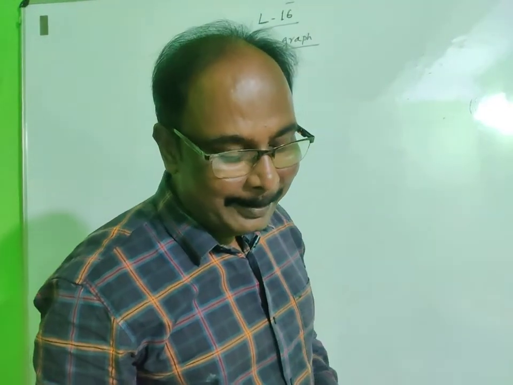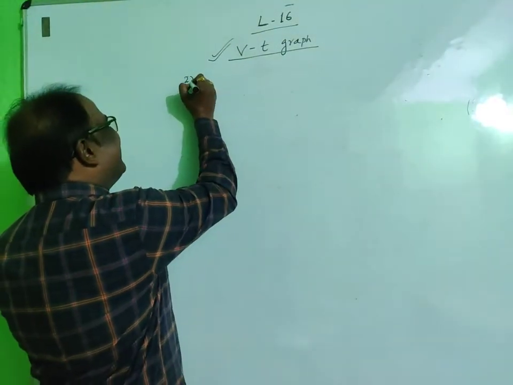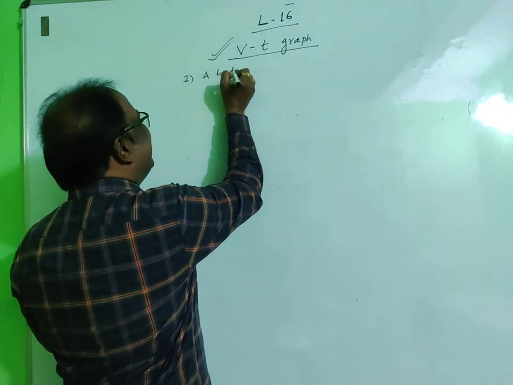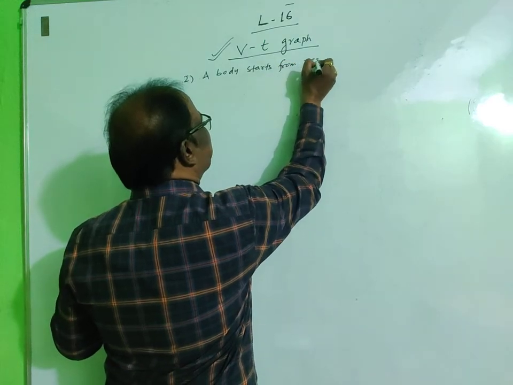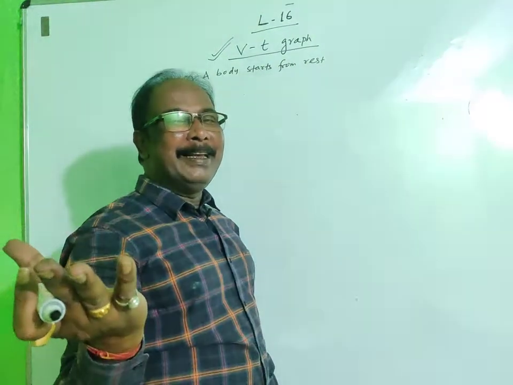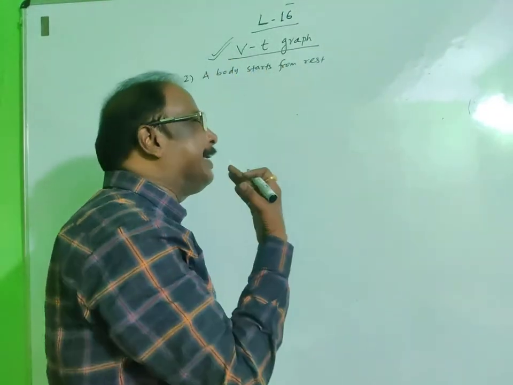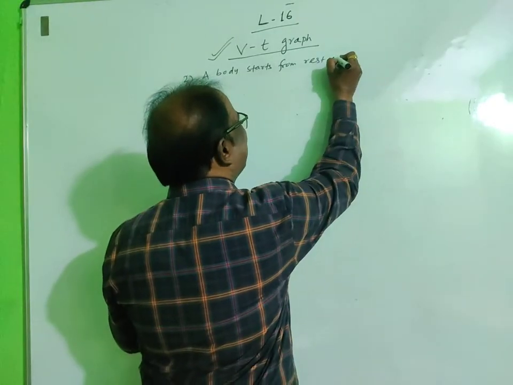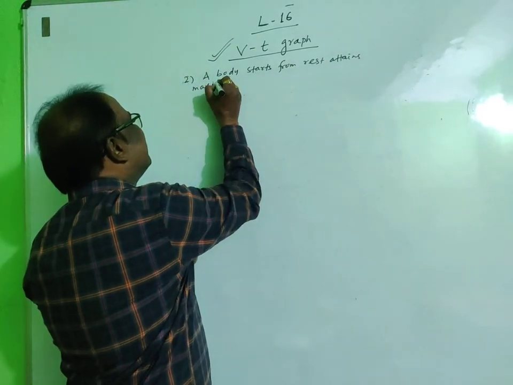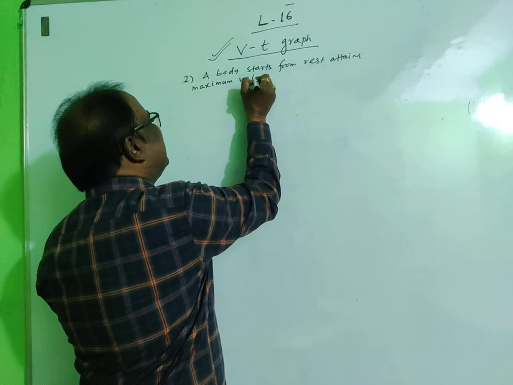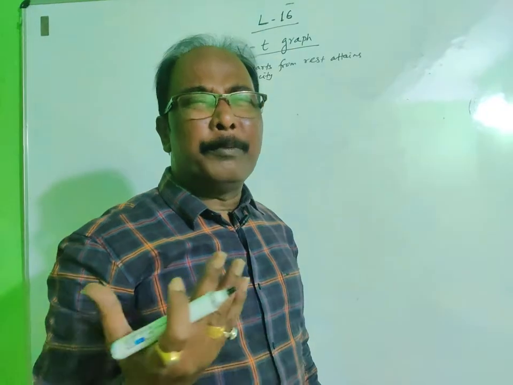Then number 2. A body starts from rest, which means the initial velocity of the body is 0. A body starts from rest, attains maximum velocity, and then comes to rest.